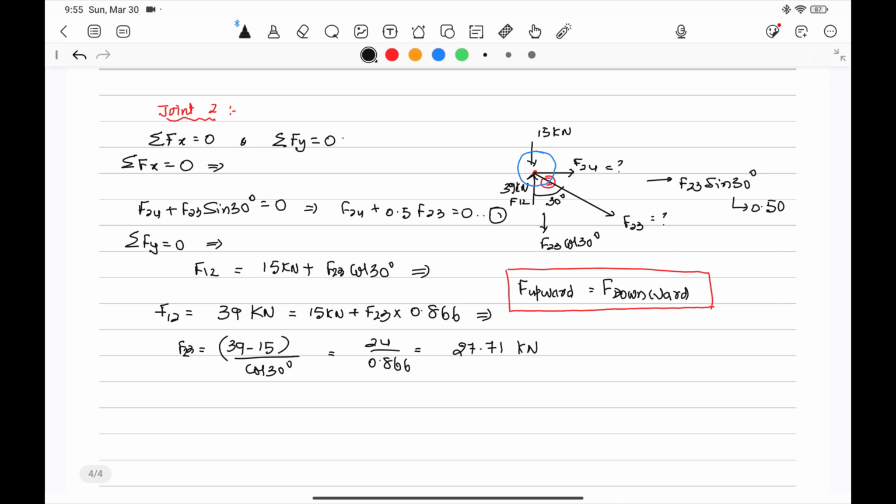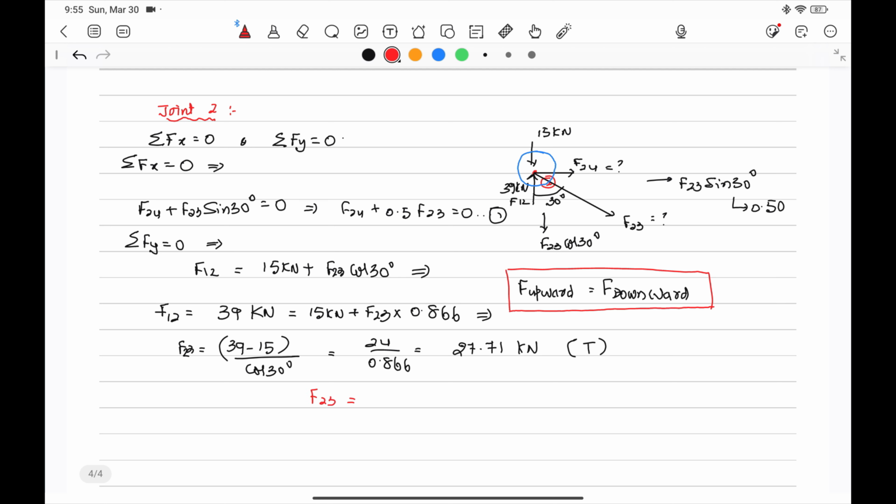That means the value did not change the sign. Hence, the direction assumed by us is valid. That means this is tension.